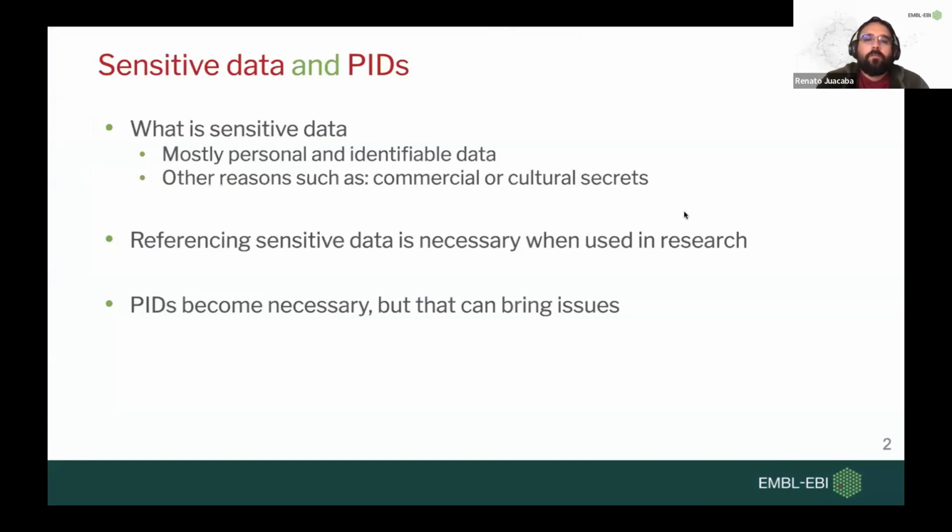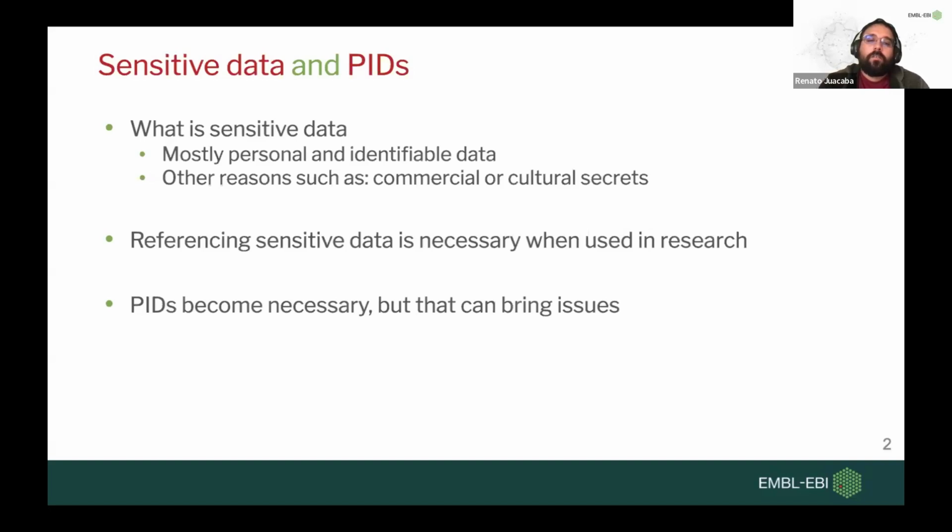When we think of sensitive data, we are mostly thinking of personal and identifiable data. And this is especially important for the human sciences and for the life sciences, which are the focus of the two use cases here. But there are others, such as commercial and cultural secrets, but we are mostly focused on the personal identifiable data.